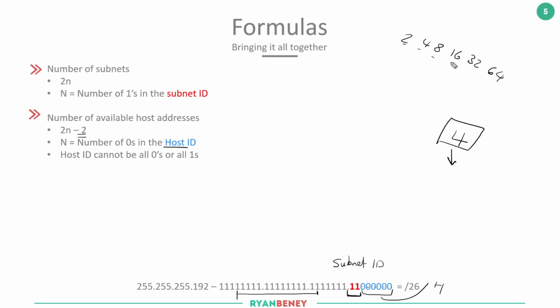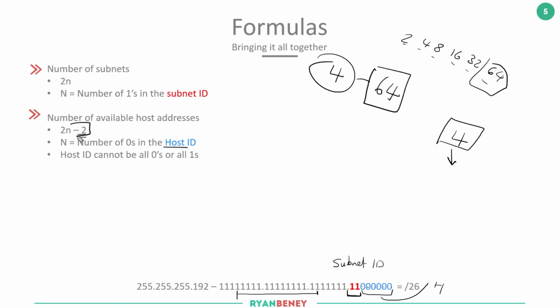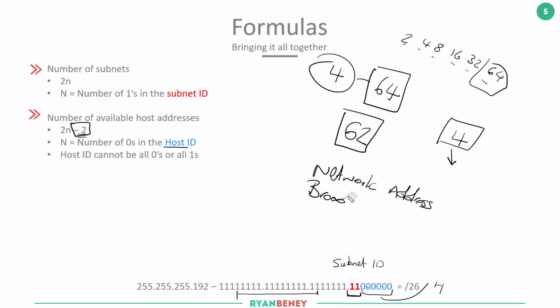That means that we have 4 networks, and in each network there's 64 available hosts. But we also need to minus 2, so that means there's 62 available hosts. And the reason for that is because in each network there's a network address and a broadcast address.